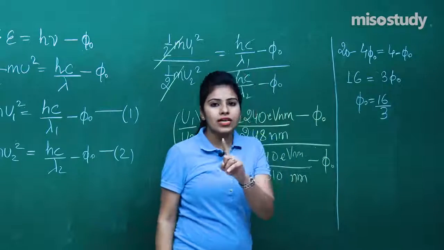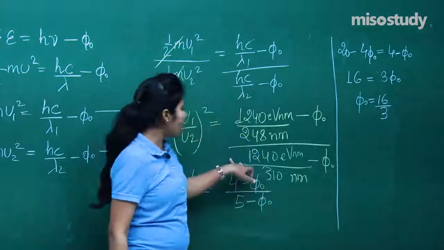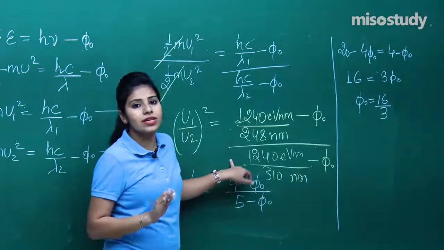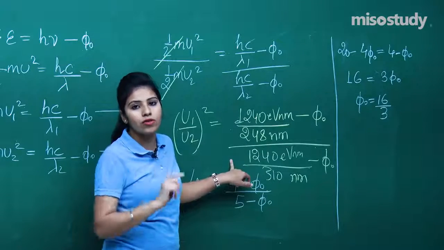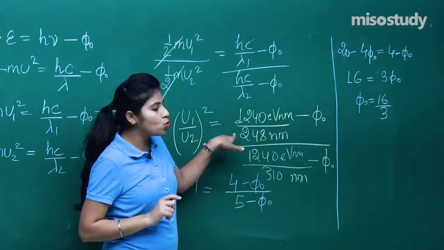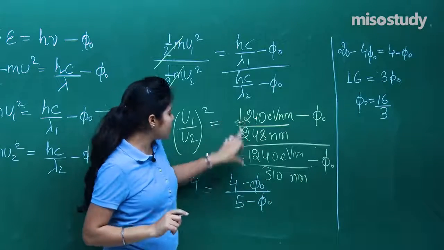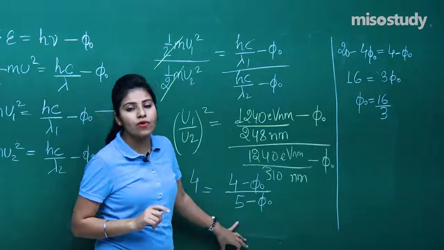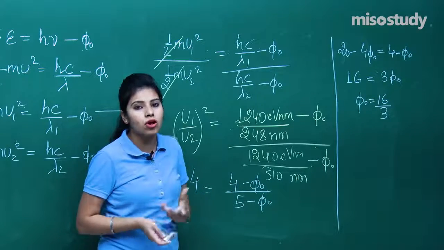What you have to check in this question is whether I have done this calculation correctly or not, because I am not using the calculator right now. You have your calculators with you. Just check whether this ratio is coming out to be 4 and this ratio is coming out to be 5 or not. Have I reversed it or not?